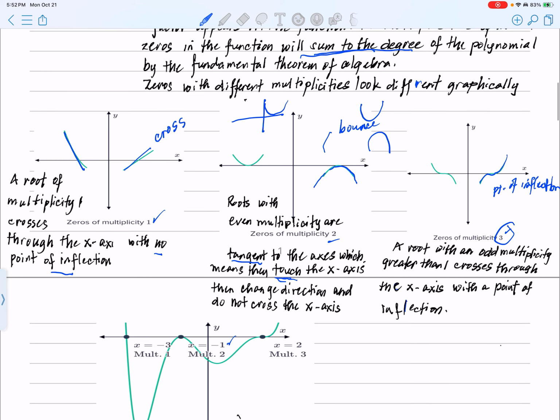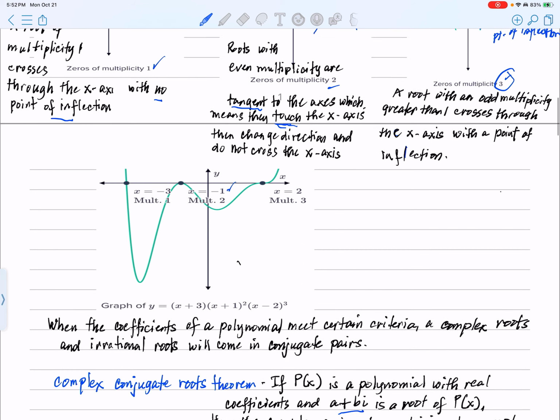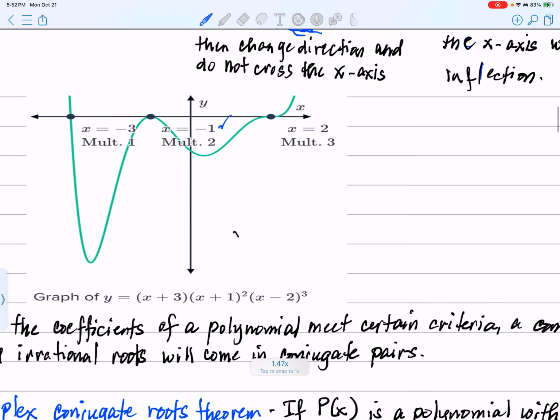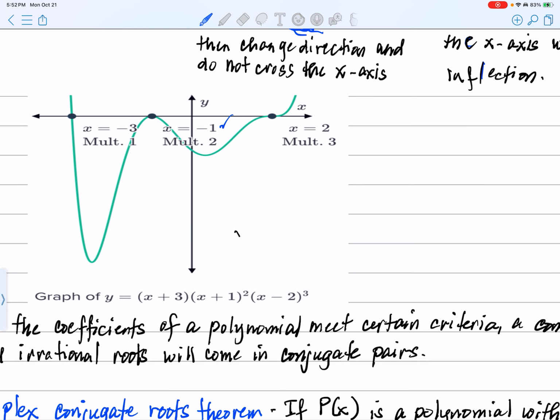Let's look at the whole thing in this graph right here. I will make it this big. This is multiplicity of 3. Multiplicity of 1 passes through when x is negative 3, so it goes down.